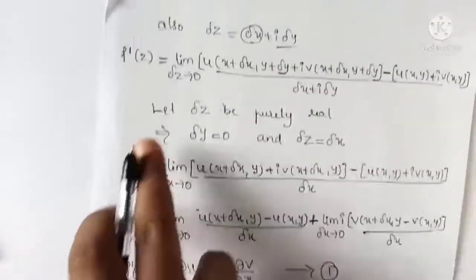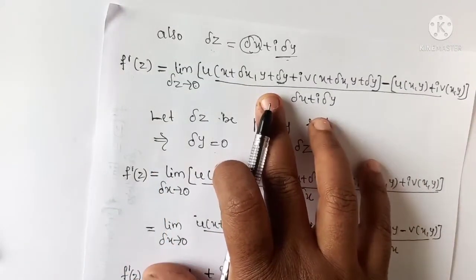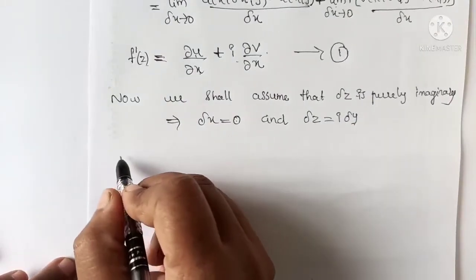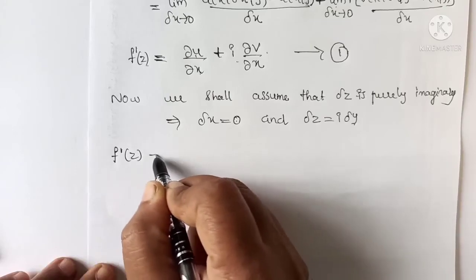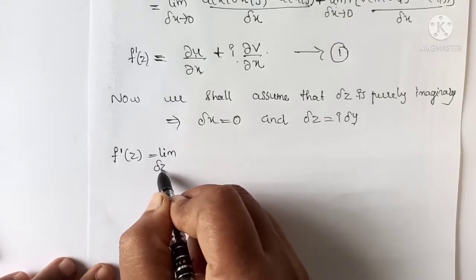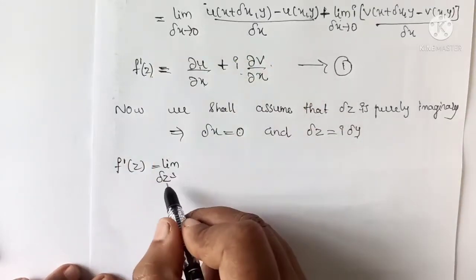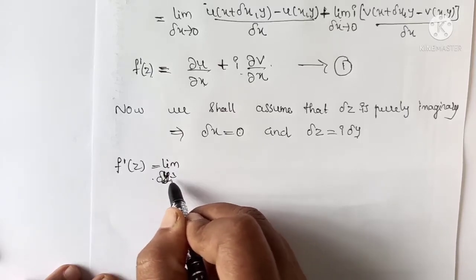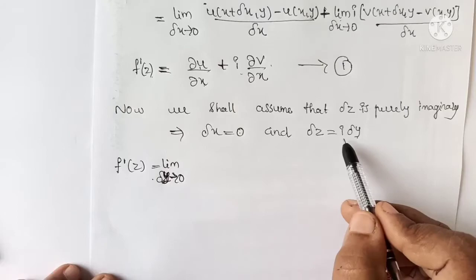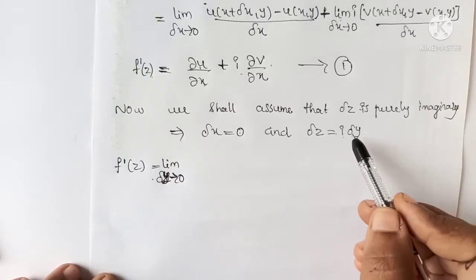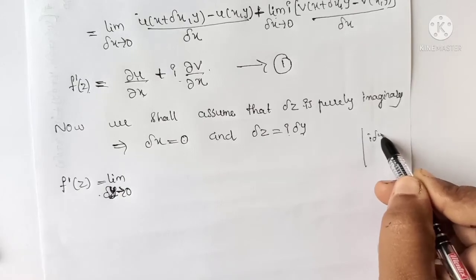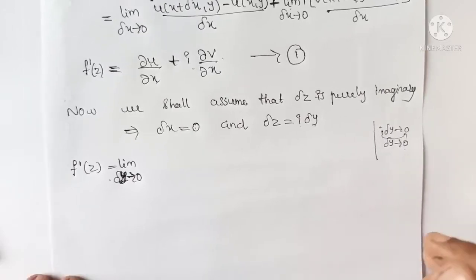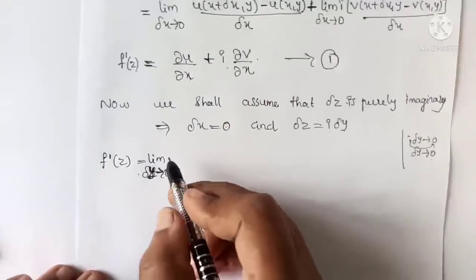Now again f dash of z can be written with delta x equal to 0, so we only write y plus delta y. Here the limit becomes i delta y tends to 0, or simply delta y tends to 0, because sending i to the other side we get 0 only. So therefore we write delta y tends to 0.